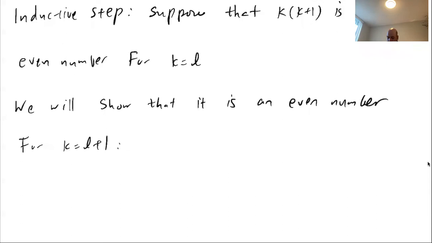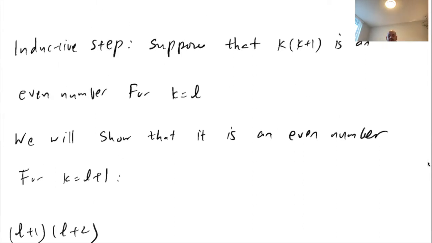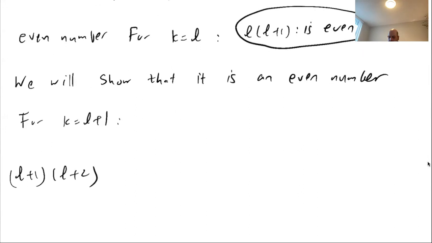So (L plus 1) times (L plus 2), how much is this? Because I'm writing k times (k plus 1). So I assume that this is even for k equals L, which means L times (L plus 1) is even. And I want to show that this expression for k equals L plus 1 is also even, meaning that (L plus 1) times (L plus 2) is even.